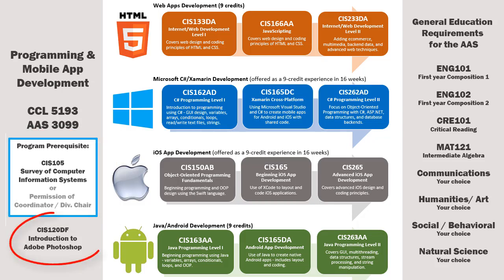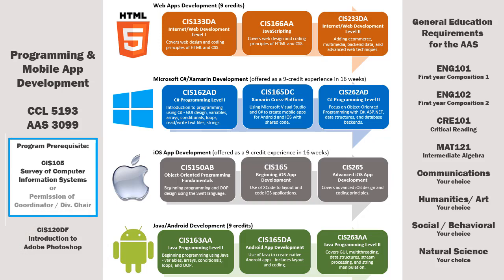I also recommend that you have some graphic skills, that you know Adobe Photoshop, which is the industry standard. This is not a prereq at the moment for our program, but I think it's an important skill to have, because everything is so visual these days. So it's simply a recommendation. It's not a prereq at this point.